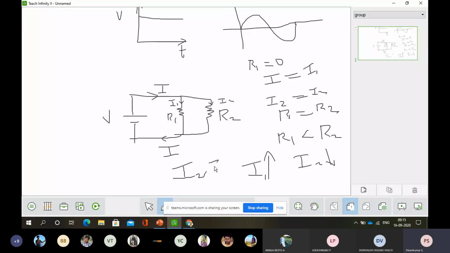Whenever I keep both resistances equal, they draw equal current. Whenever I decrease the resistance compared to resistance 2, the current flow through it will increase. Remember this statement: current always prefers the low resistance path.